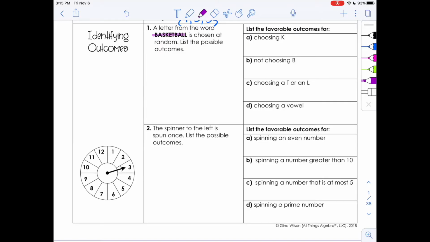So if we were to choose a letter from the word basketball, we could choose the letter B. We could choose the letter A. We could choose the letter S. We could choose the letter K. We could choose E. We could choose T. We could choose B, A, L, and L. So those are all of our possible outcomes when we choose a letter, because those are all of the letters in the word basketball.